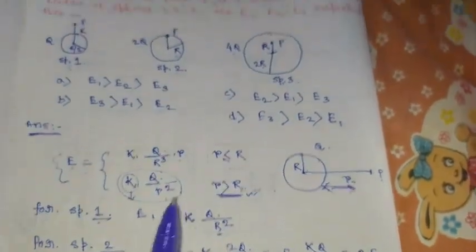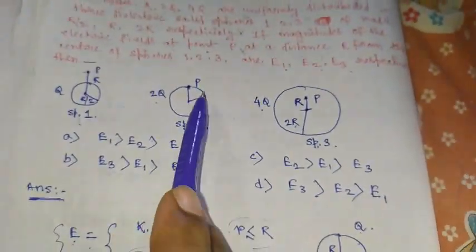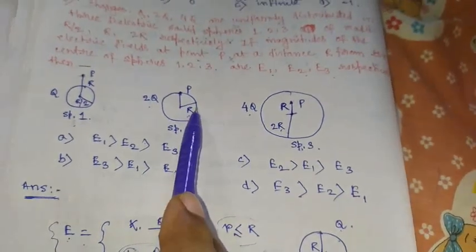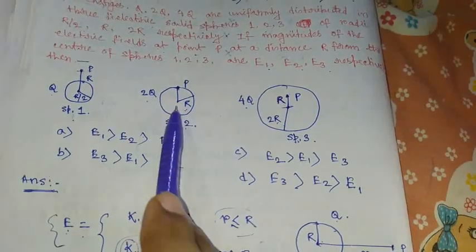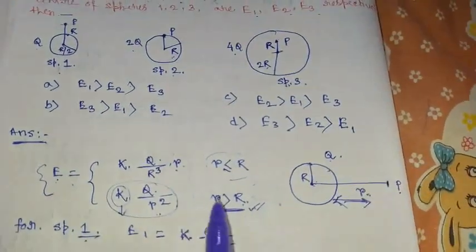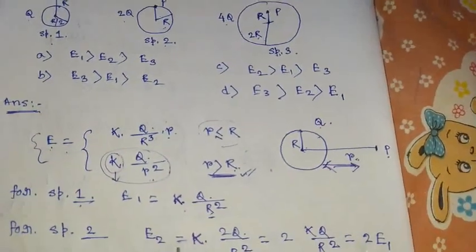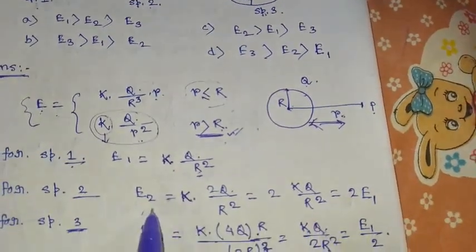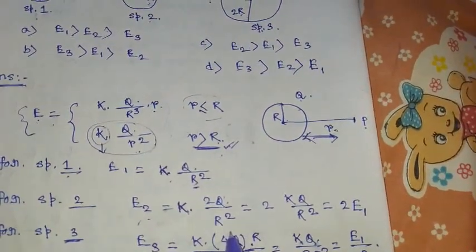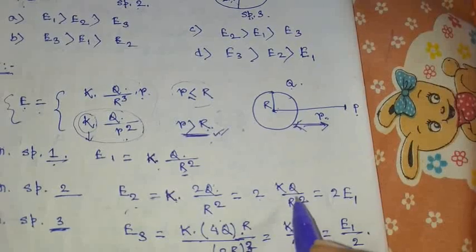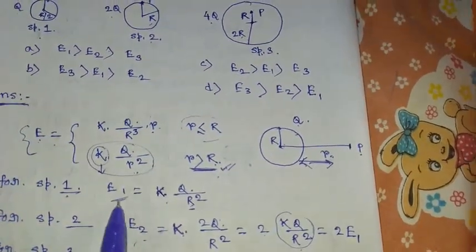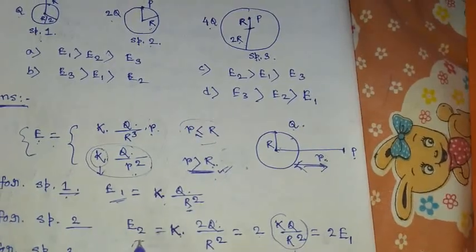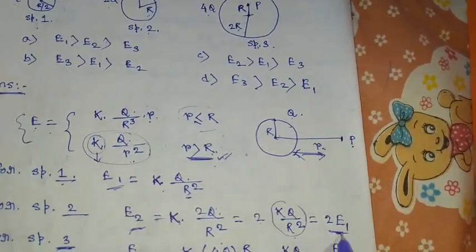Now for sphere 2, that is of charge 2q, and the point P at distance r is on the circumference of sphere 2. So it is also given by that relation. So E2 is k 2q by r square, where kq by r square is also given by E1. That means we can say E2 is 2E1.